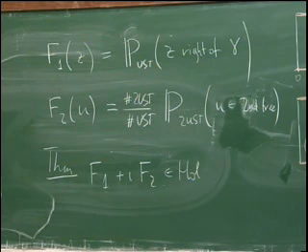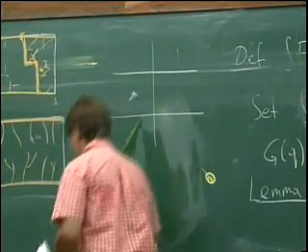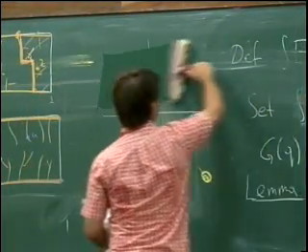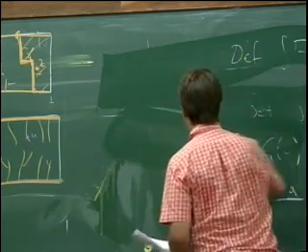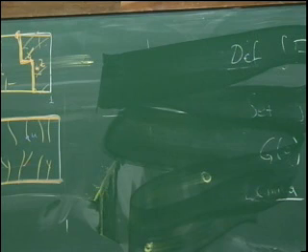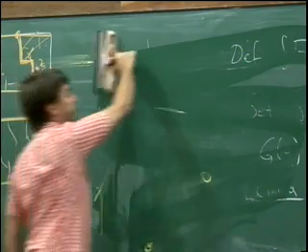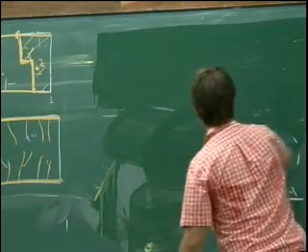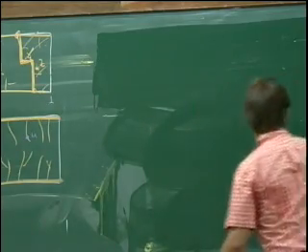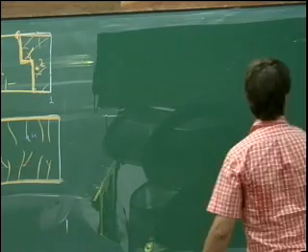So let's do the proof. We have to check the Cauchy-Riemann equation around some placket, and to do so, we just have to compute some probabilities.